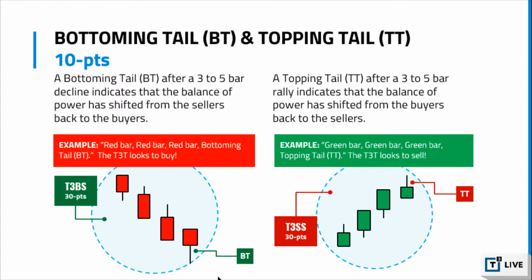The bottoming tail bars that we're interested in are the ones that form after 3 or more red bars in a row, if the stock is in an uptrend, hopefully at the right location also, such as the rising 20, the 40-60% retracement zone, the minor support. Likewise, if we're looking short, a topping tail makes the setup even better. Got it? It makes the setup more potent, and that's why we give that pattern 10 extra points.